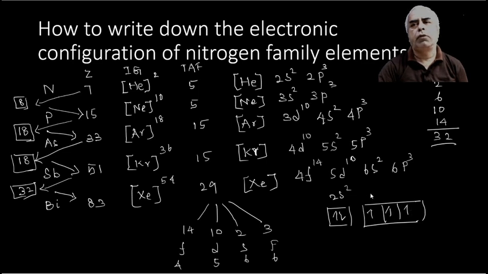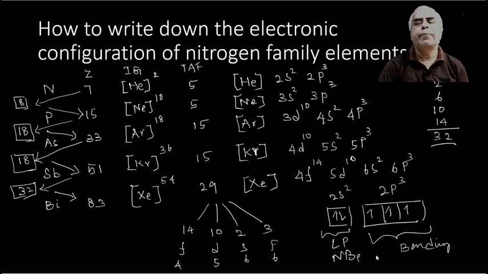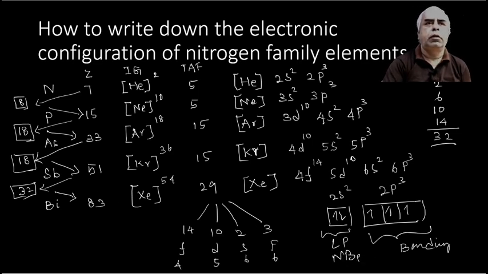So this is half filled. These 2p3 electrons are called the valence electrons, that is, bonding electrons, involved in bonding. Whereas this is called the lone pair of electrons, that is, non-bonding electrons.